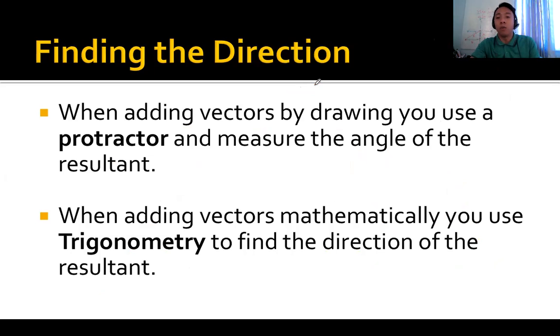When adding vectors by drawing, you use a protractor, correct? And measure the angle of the resultant. When adding vectors mathematically, you use trigonometry. That's like what we have discussed earlier, which is the Pythagorean theorem.